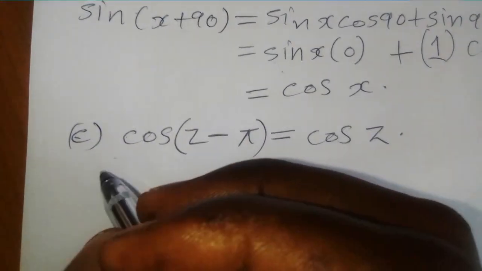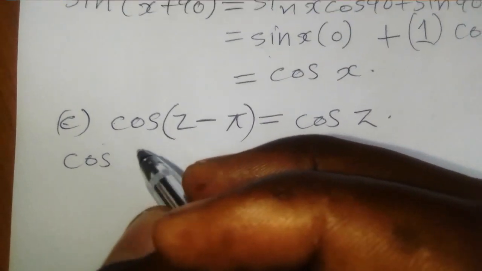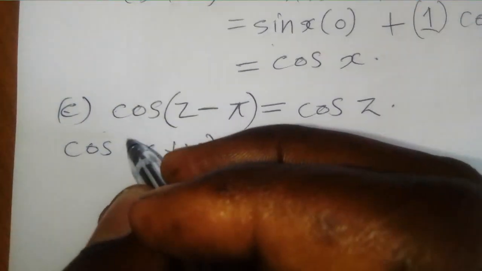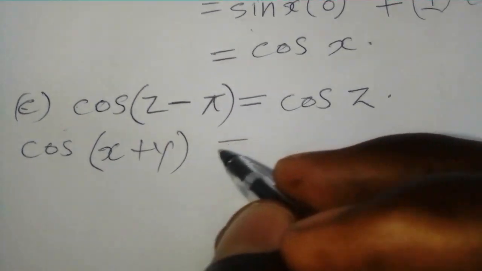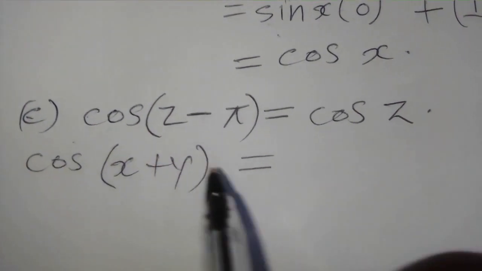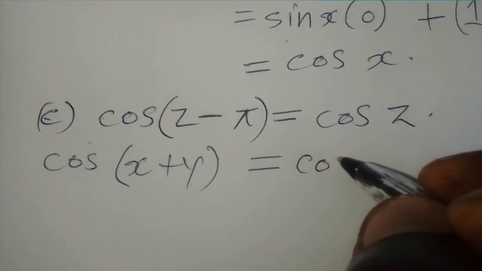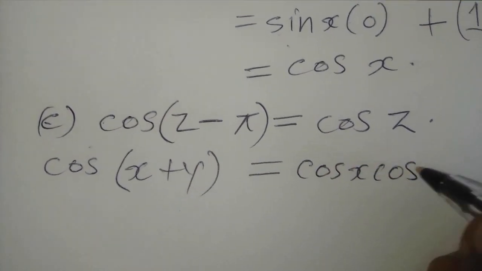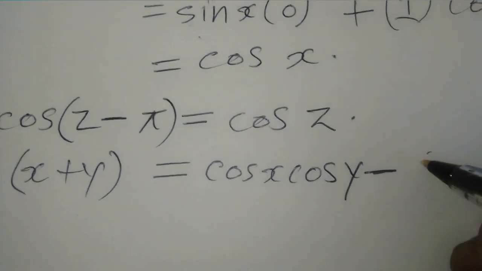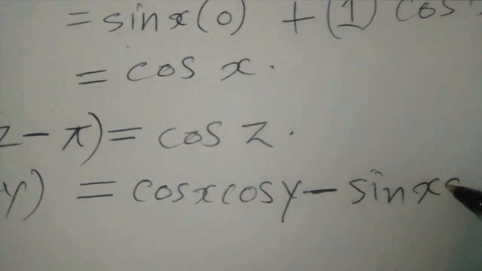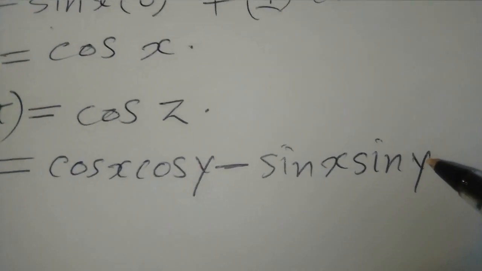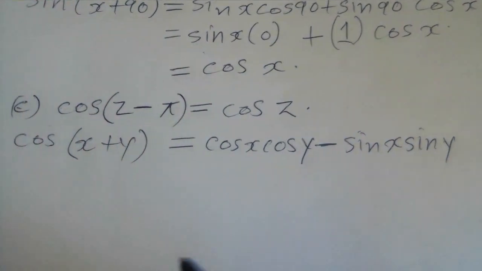So cos z minus pi, you write the identity for cos x plus y. You can either use a b or x y, m n, any letters. So cos x plus y is just the same as cos x cos y minus sine x sine y. So this is the identity for cos x plus y.